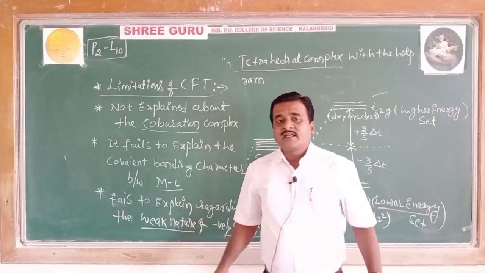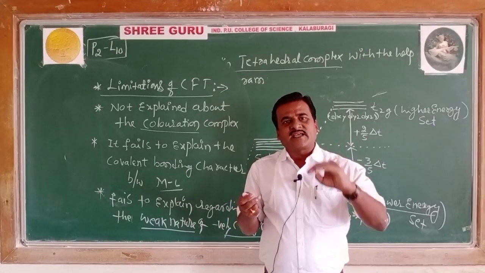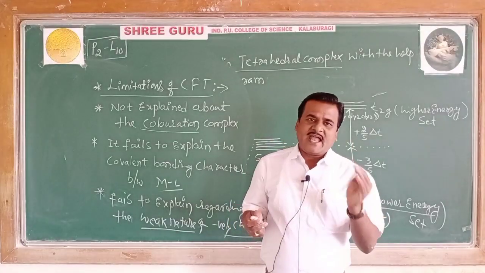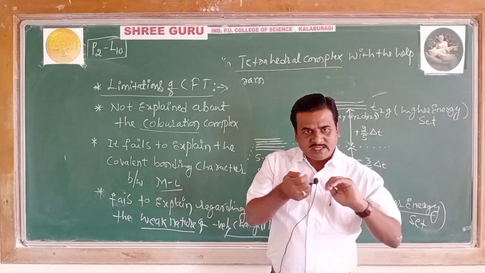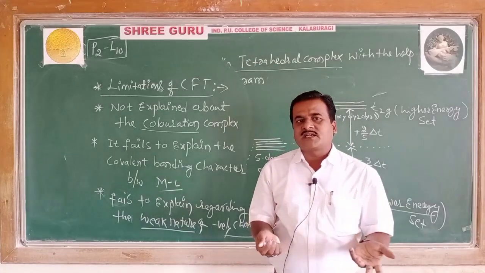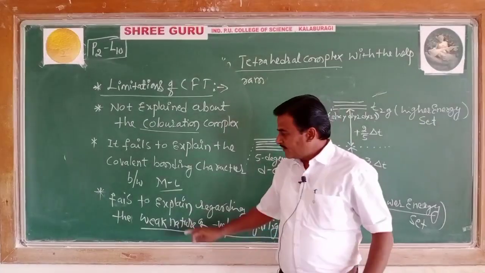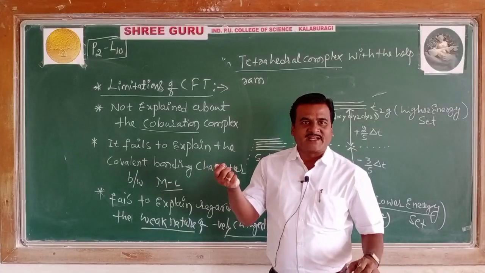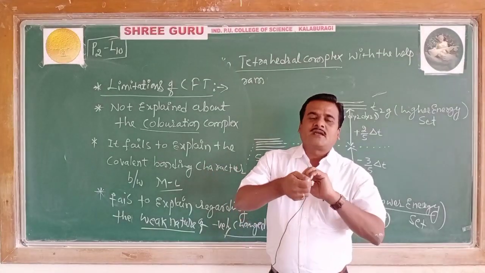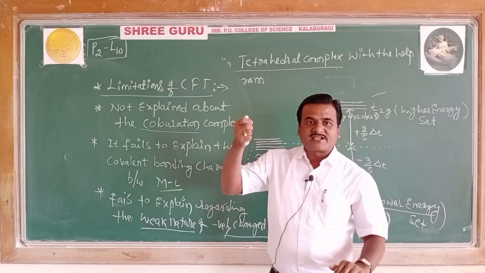As per this theory, there must be a greater repulsion if the complex contains an anion as a ligand, between the ligand and the central metal ion. When there is a greater repulsion, there must be a greater splitting of d orbitals with a large gap of energy difference.